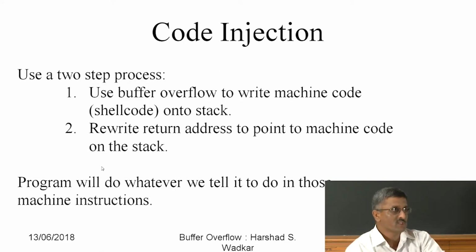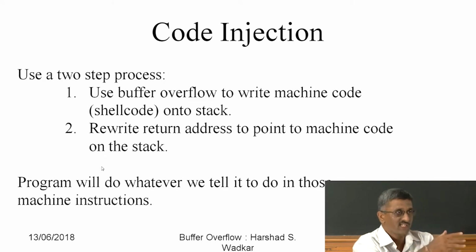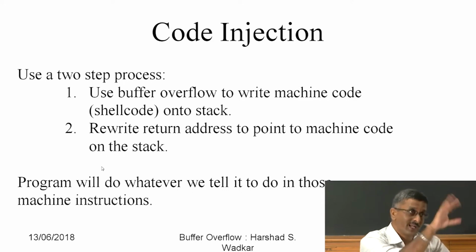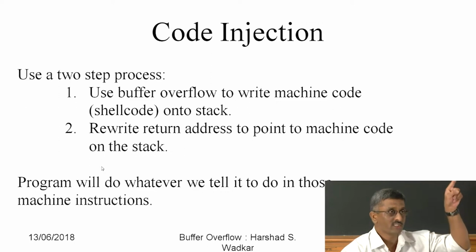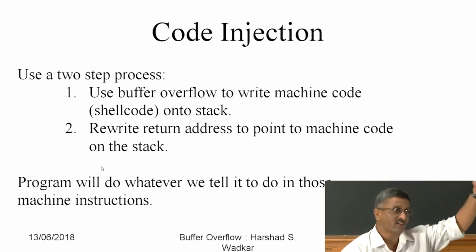What kind of things are possible? How can an attacker make use of this idea of memory layout to attack the system? The problem is that the buffer is there as well as the memory layout, the structure. There are two things. Use buffer overflow to write machine code onto the stack. So in the stack, after main there is an activation record.